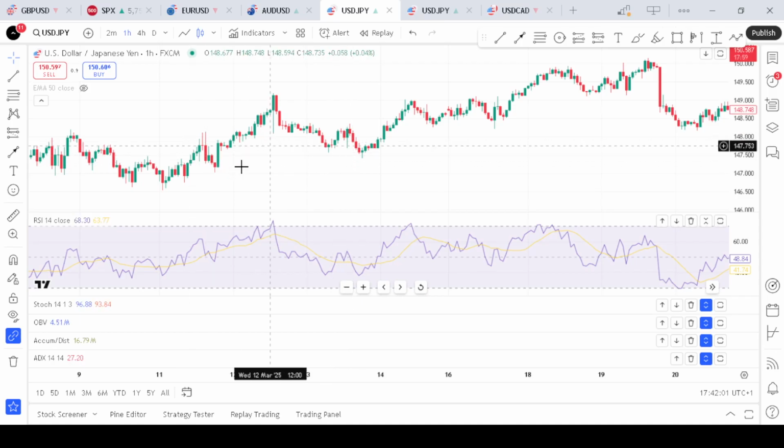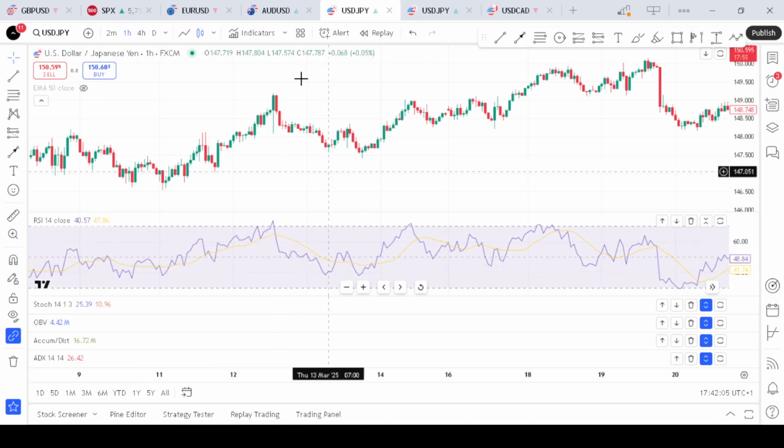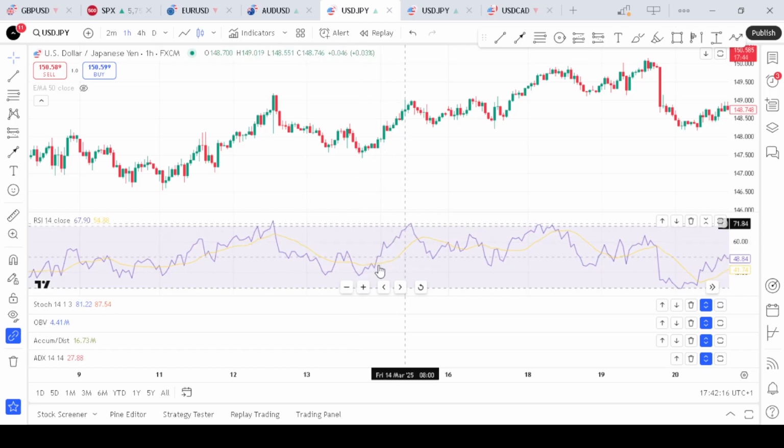So in this particular example, using our RSI, we can see that the market is just leaving our area of oversold condition, meaning that we are expecting a bullish trend.